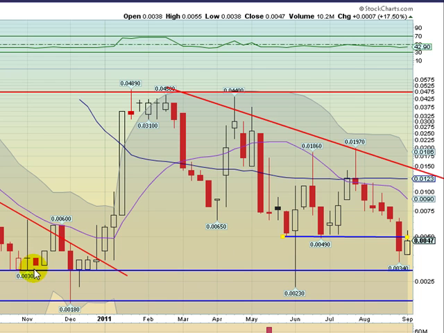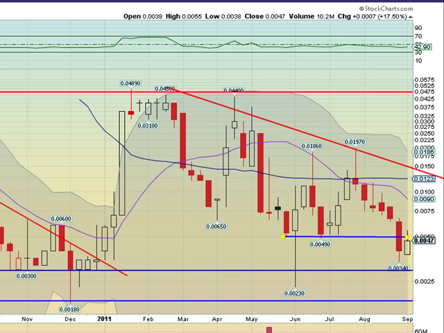A lot of support, as I mentioned, at the 0.003 area, and you could see that we came down to 0.0034 and had a little bit of a lift from it. So it looks like we may be finding a new support area and getting ready for another launch up into the resistance trend. And if that's the case, then certainly we could have a really nice run on our hands, anywhere into the 0.015 area. So this may be a great entry off of a bottom.